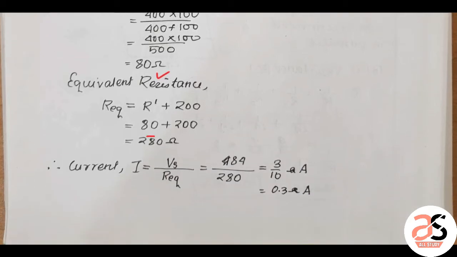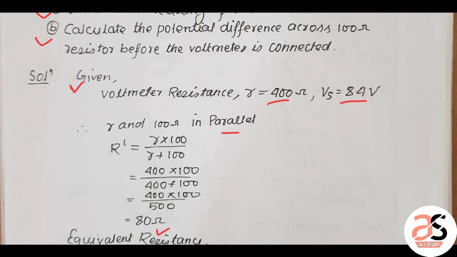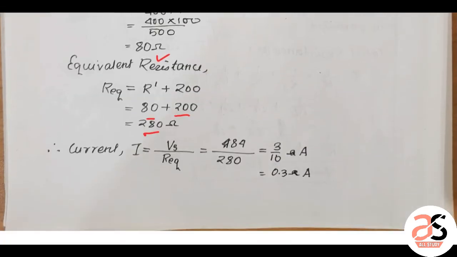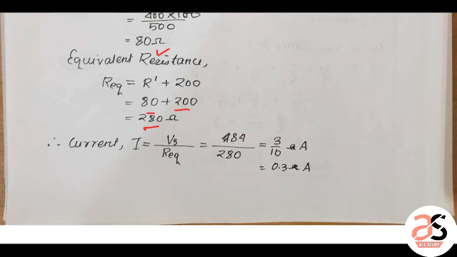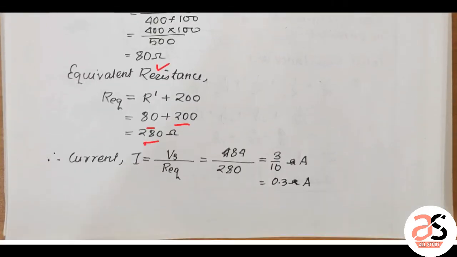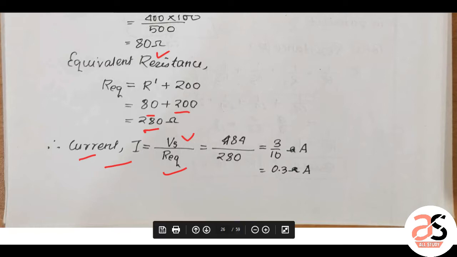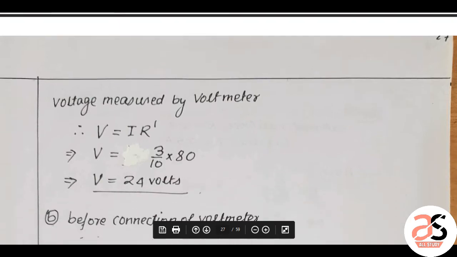So equivalent resistance will be 80 plus 200, which is 280 in the figure. So current is source voltage by equivalent resistance, which is 84 by 280, so 0.3 ampere.